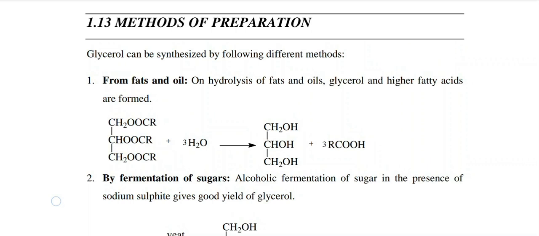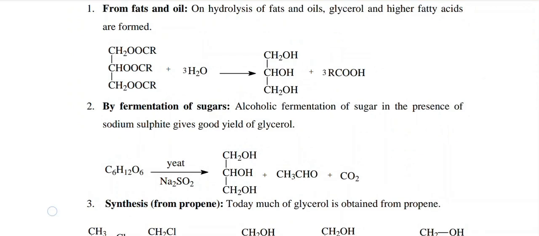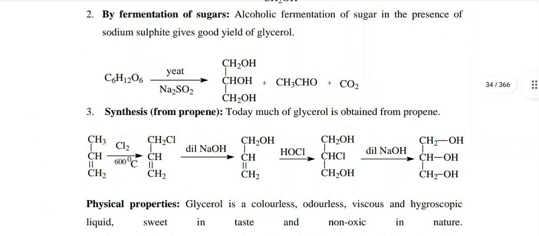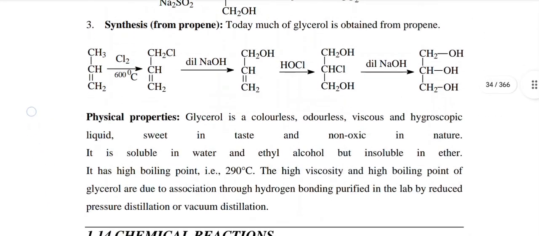Glycerol can be synthesized by different methods from fats and oils. On hydrolysis of fat or oil, glycerol and higher fatty acids are formed. By fermentation of sugars: alcoholic fermentation of sugar in the presence of sodium sulfite gives a good yield of glycerol. Synthesis from propene. Today, much of glycerol is obtained from propene.